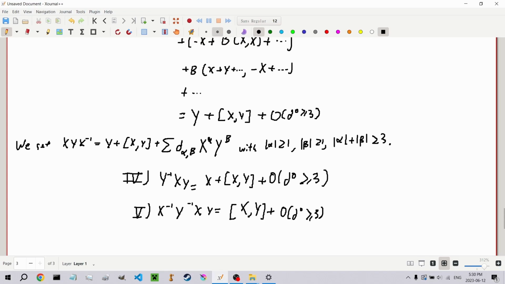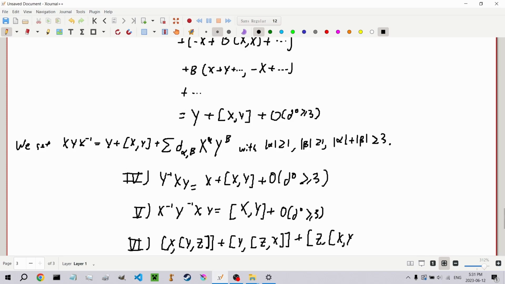And number 6 is everybody's favorite equation here. Bracket of x and the bracket of y and z plus the bracket of y on the bracket of z and x plus the bracket of z on the bracket of x and y is 0.